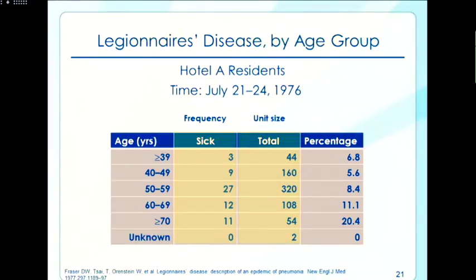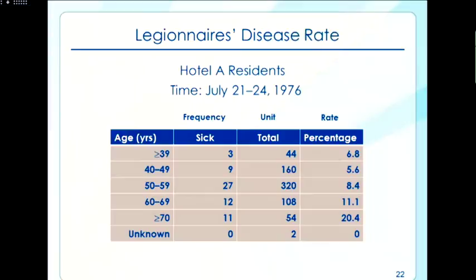In the second column, you have the unit size of the population, or the total number of conventioneers in each age group. And the third element is indicated by the arrow: the time period that you are looking at to calculate this rate.